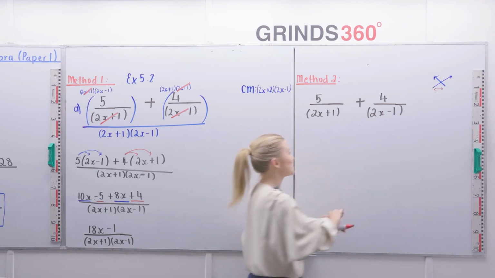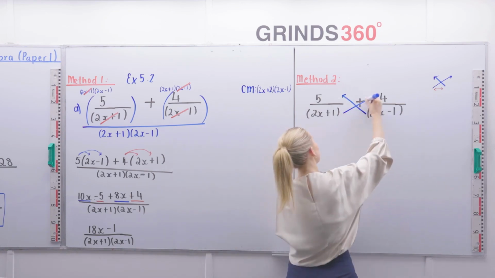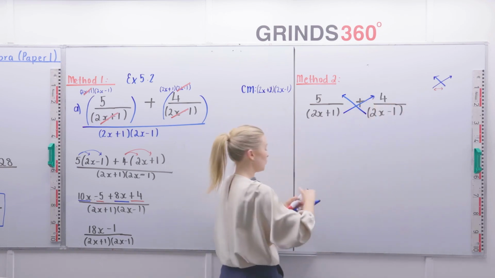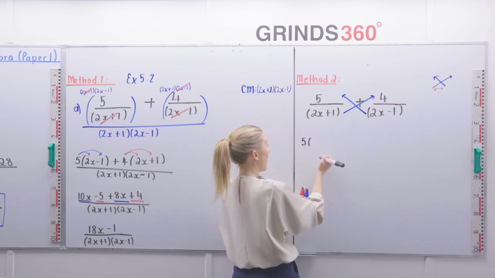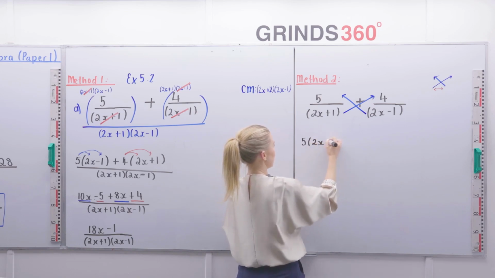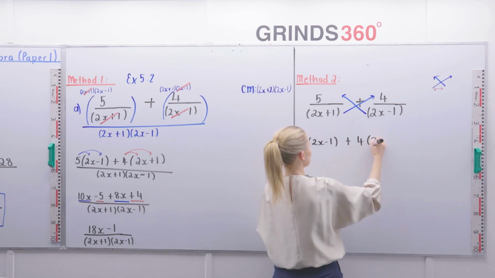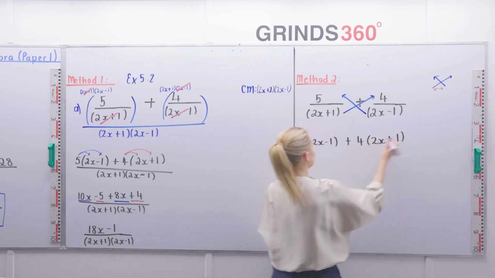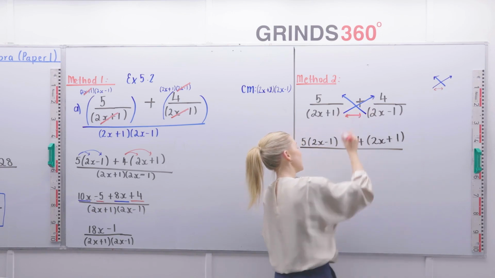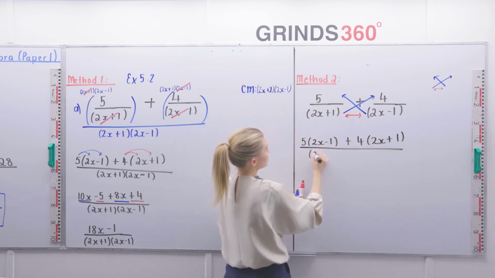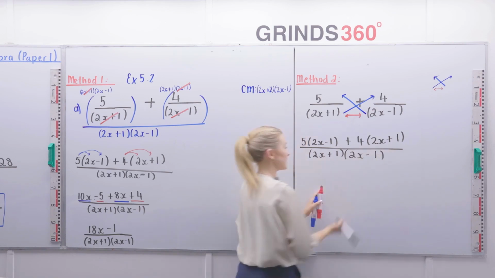Yes, they are. So here, we're going to multiply the denominator times the numerator, denominator times numerator to start off. So we're going to have 5 times the opposite bottom, which is 2x minus 1, plus in the middle, 4, bracket 2x plus 1, all over, and again, bottom times bottom, or denominator times denominator, 2x plus 1 times 2x minus 1.